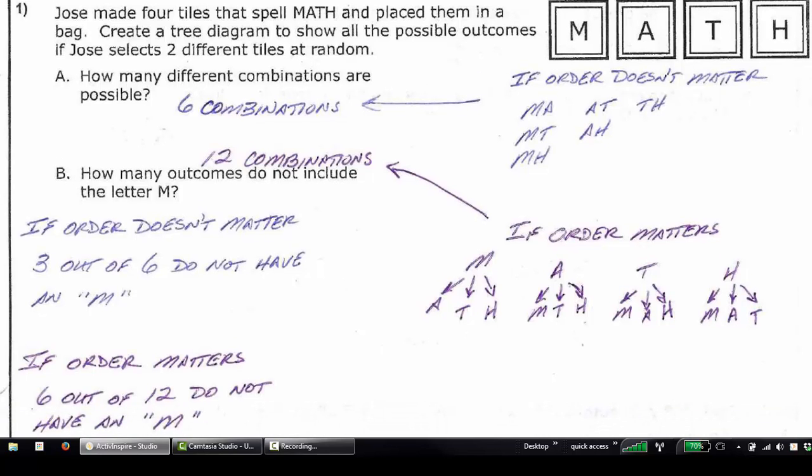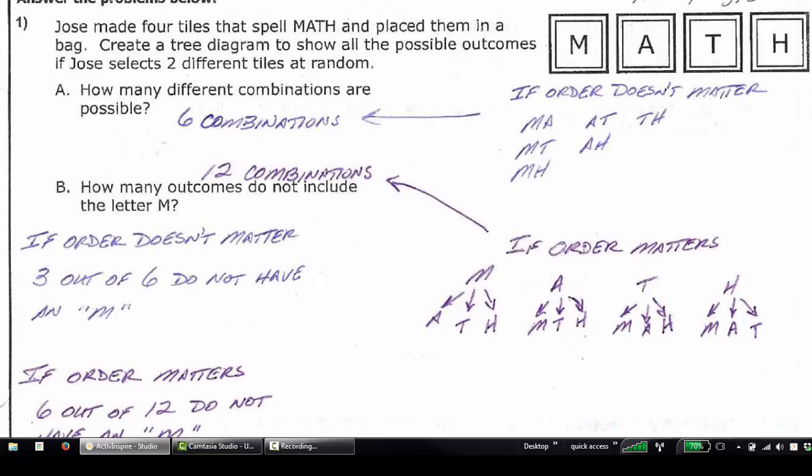So when I interpreted this problem, I looked at Jose's situation and I thought of playing Scrabble. You reach in a bag, you grab out 2 tiles. It doesn't really matter what order they're in. So as I interpreted the problem, this was the correct way to solve it. To say, all right, order doesn't matter.